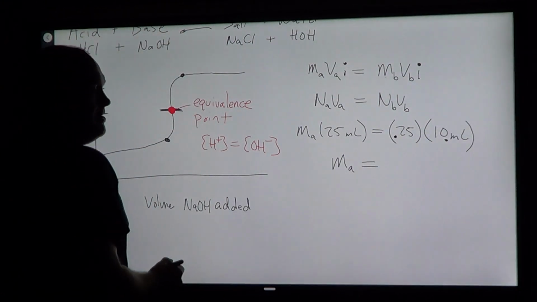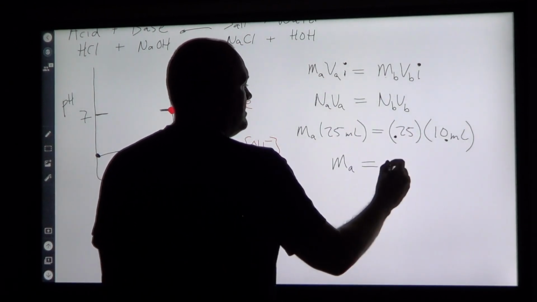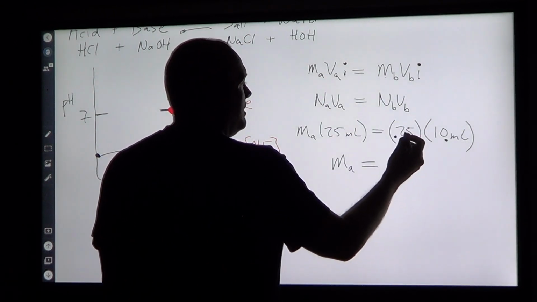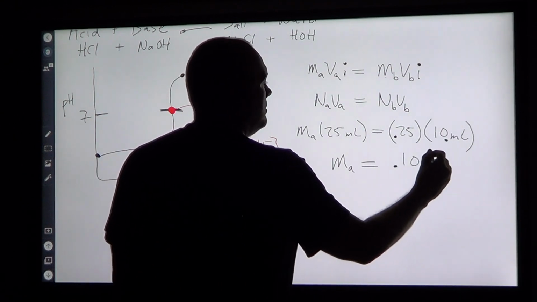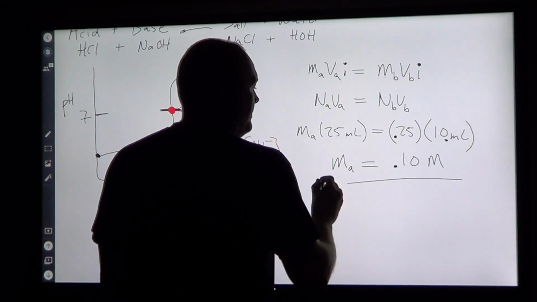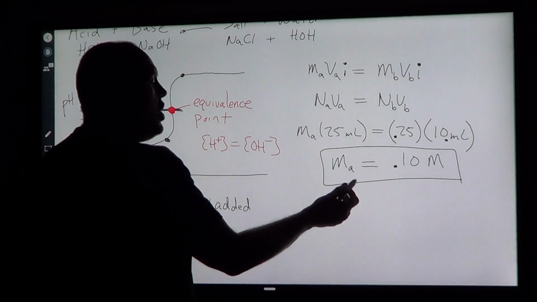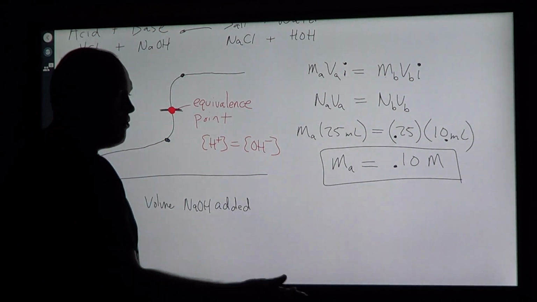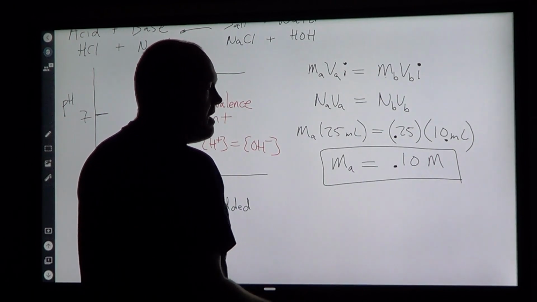So the molarity of the unknown acid would be that divided by that, which would be 1 over 100 times 10, 0.10 molarity of the acid. At that point, you would then have to know if this acid was monoprotic or diprotic or triprotic to do anything from there.